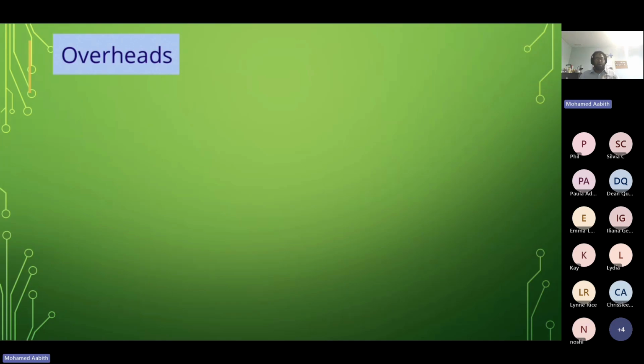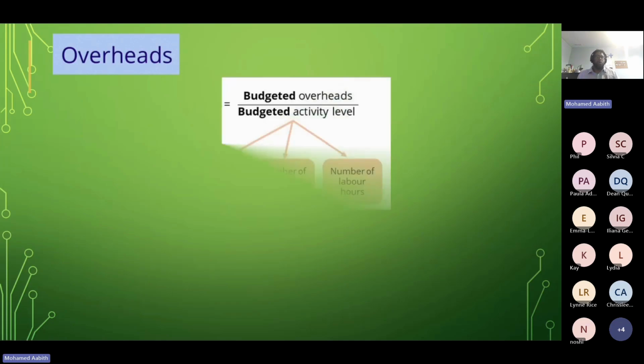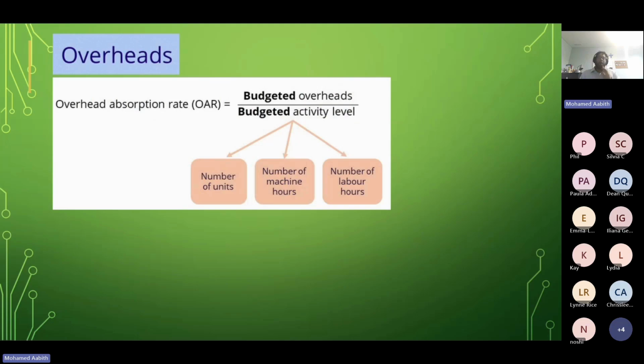For that, we have a method called overhead absorption rate. Overhead absorption rate is calculated by the budgeted overheads divided by the budgeted activity level. For level 2, you learn 3 methods. One of them is by number of units, another one by number of machine hours, third one is number of labor hours.